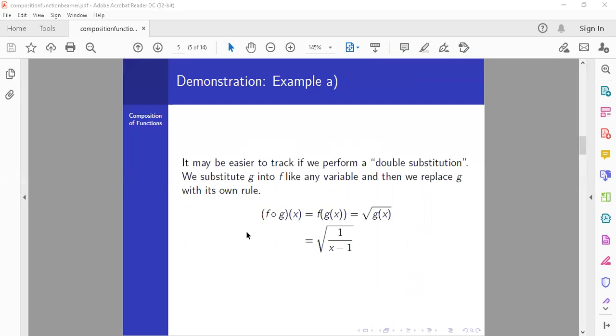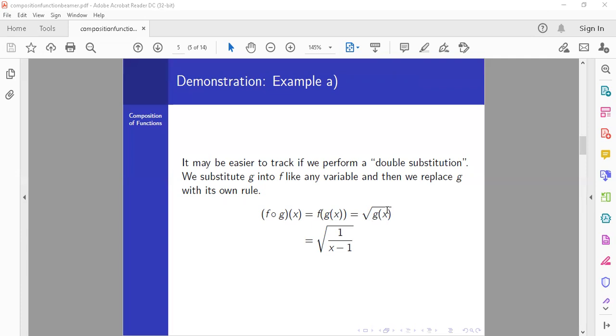So our first example, sometimes it's a little bit easier to track if we perform what is called a double substitution. We substitute g into f like any variable, and then we replace g with its own rule. So here we have f composed with g of x, and we just use the notation and say, hey, we have f of g of x. Now the f rule, remember, is the square root. So I'm taking the square root of g, whatever the g rule is.